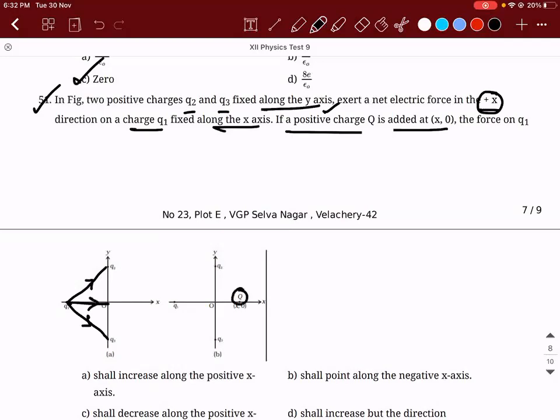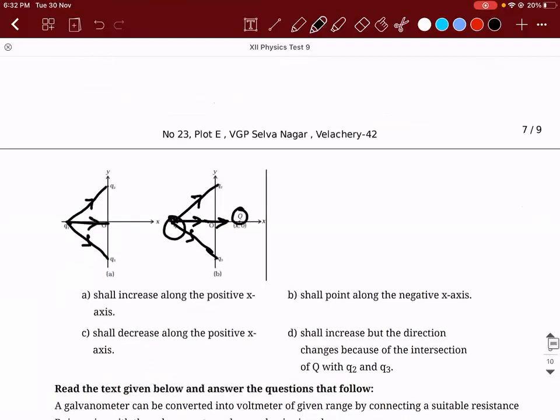Now, if you add capital Q here, along with the existing resultant force, there will be another force acting. So what will happen to the force acting on Q1? It will increase along the positive x direction. Guys, I hope I'm clear, right?